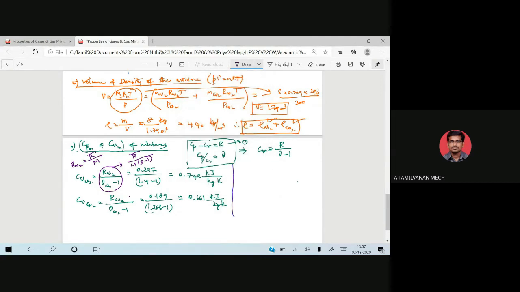So Cp of mixture is equal to, how can we find it? So m of N2 into Cp of N2 plus m of CO2 into Cp of CO2, divided by, please note that m is nothing but the mass, not a molecular weight.